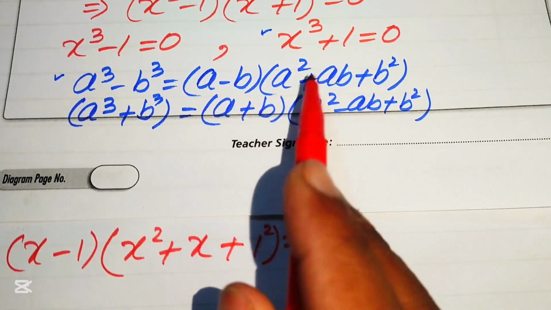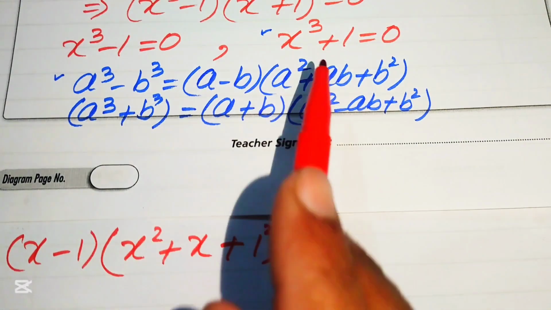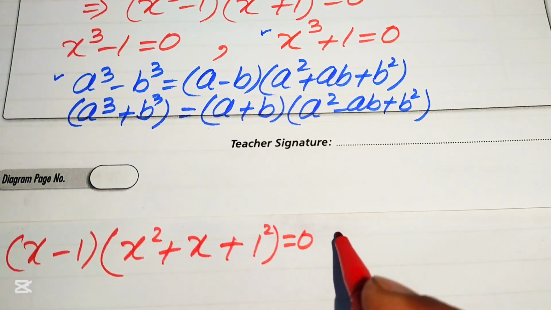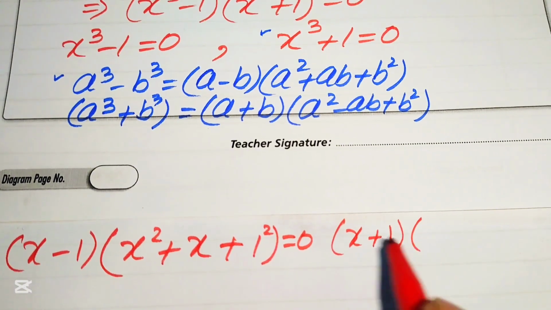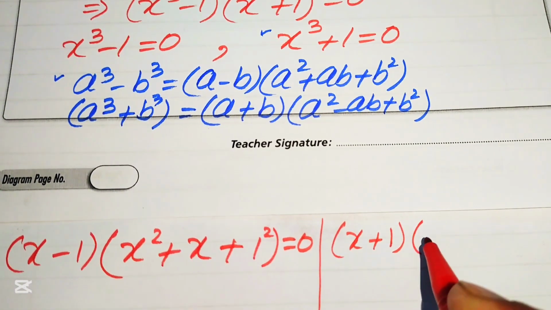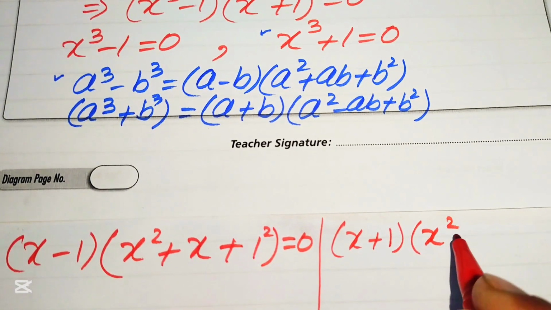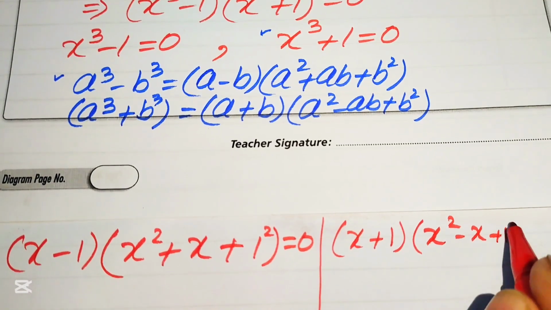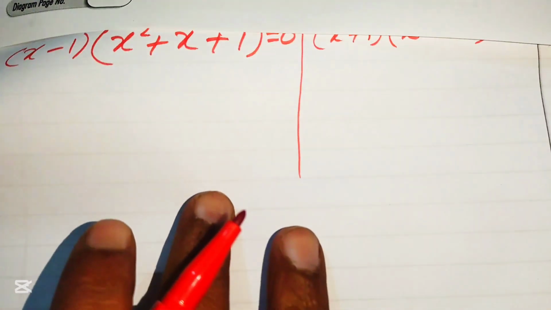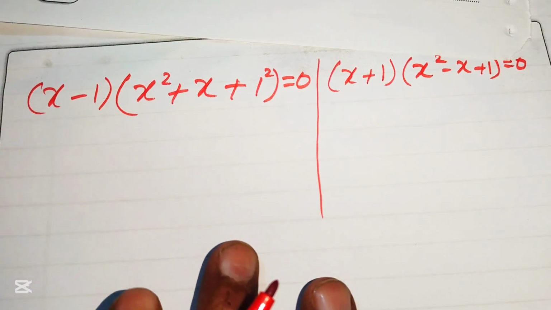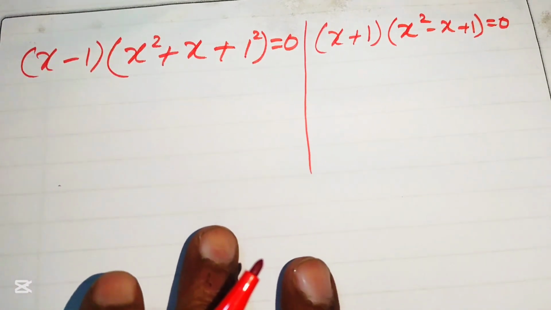Similarly in the second case we use the positive formula here, it will be written as x plus 1 times of x square minus x plus 1 equals to 0. Okay, so now here we need to simplify these two equations.